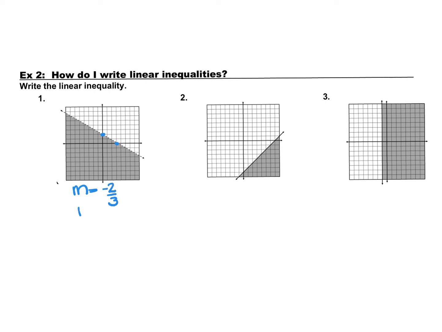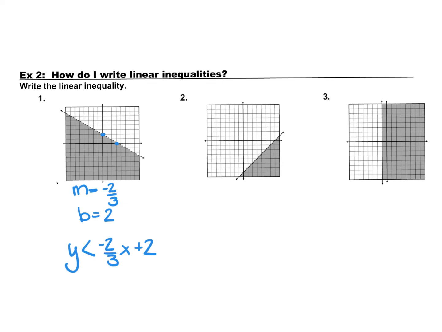Our y-intercept, where it crosses the y, is at 2. So we have y, and I'm not going to put my inequality sign there yet, negative 2 over 3x plus 2. Now it's shading down, so I'm going to have less than, and it's a dashed line, so it's just y is less than negative 2 over 3x plus 2.